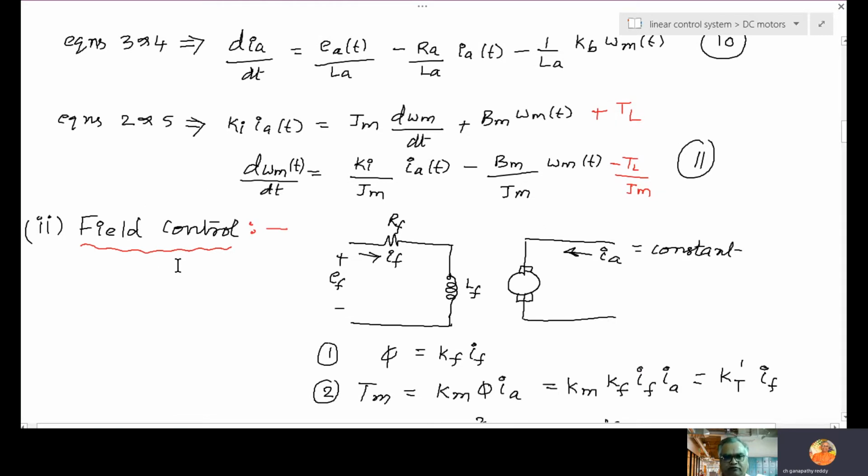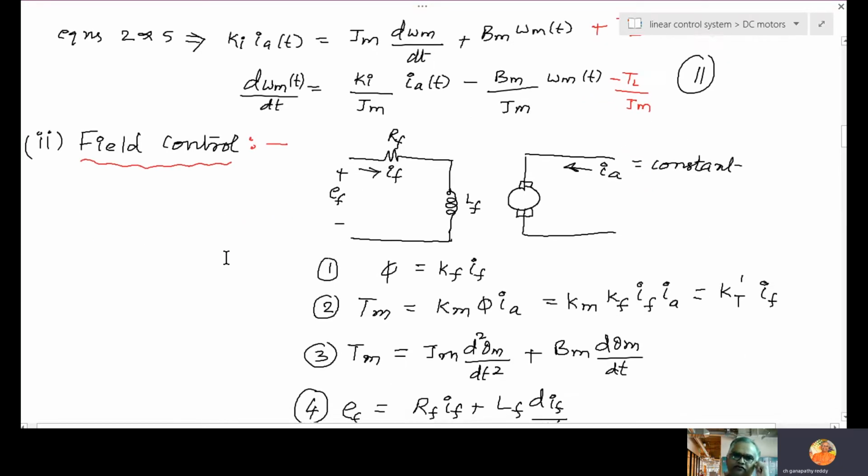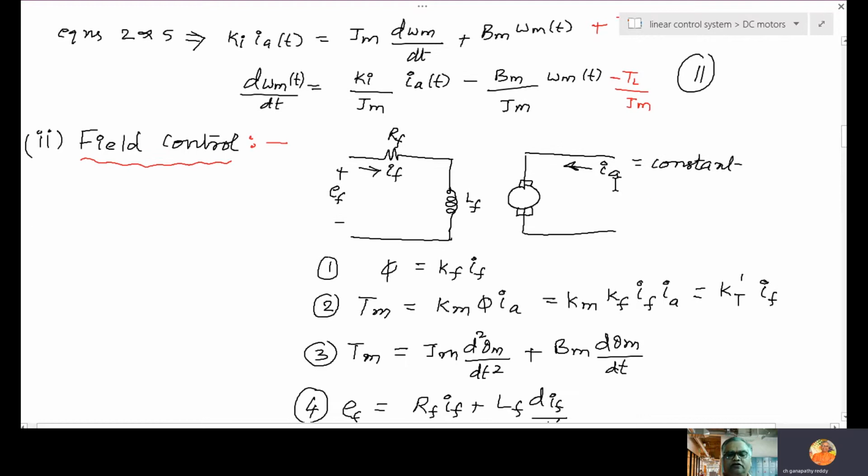Next one is the field control. We can control the speed of the motor using armature current as well as field current. When it comes to field current, the armature current is constant. Now the field current: RF, LF, IF, EF. This field current we are changing. As we discussed earlier, flux depends on field current, Kf IF. So IF is changing, flux is changing.